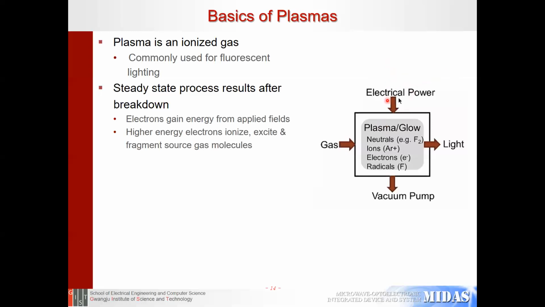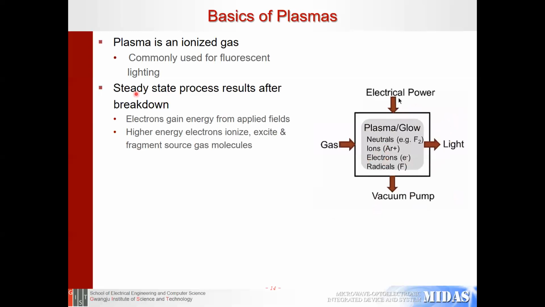So we will stick to the RF power. Here we have a gas coming into the chamber, and the gas is going out of the chamber via a pump, and here we have the light coming out, and inside we have a plasma.